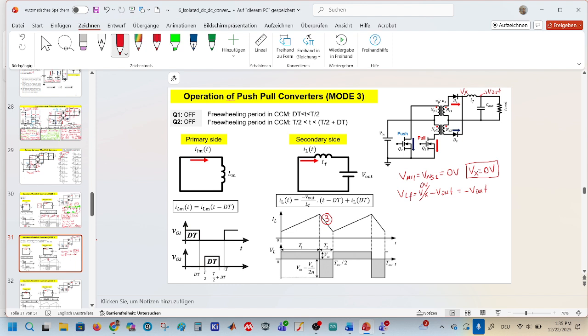And the current change will be delta T times minus V out divided by filter inductance during off time.